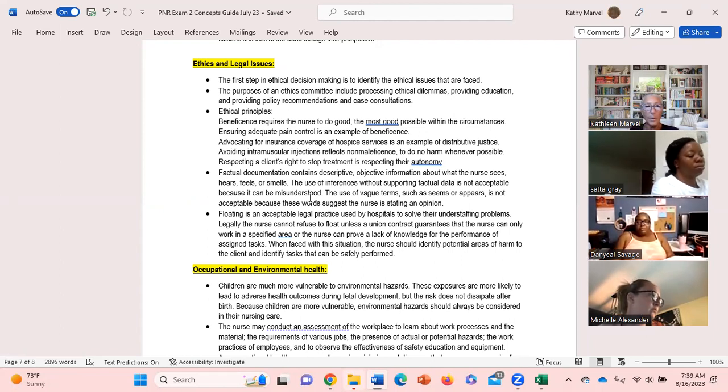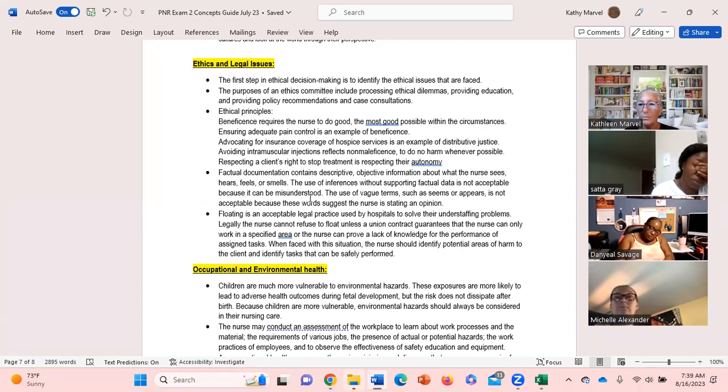Then the other thing we talk about with regards to legal and ethical issues. We face lots of ethical issues in our workplace, but what if you're floating? What if you're floating in the hospital to a place that you have never worked before? We know that floating is acceptable. Hospitals or places of work do it all the time for understaffing issues.